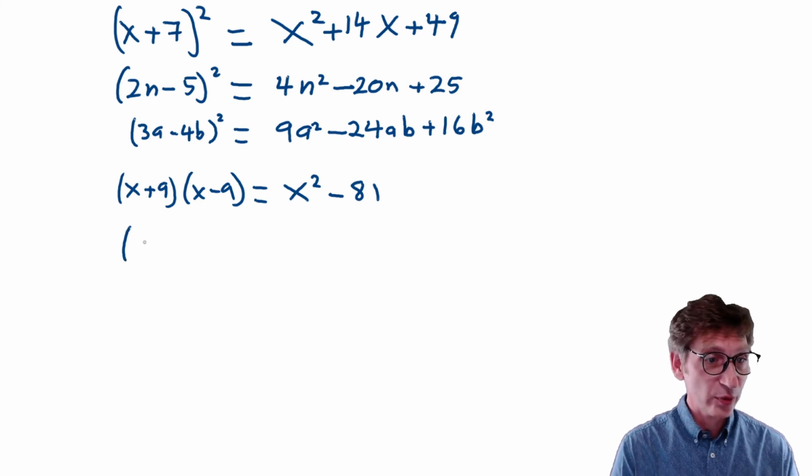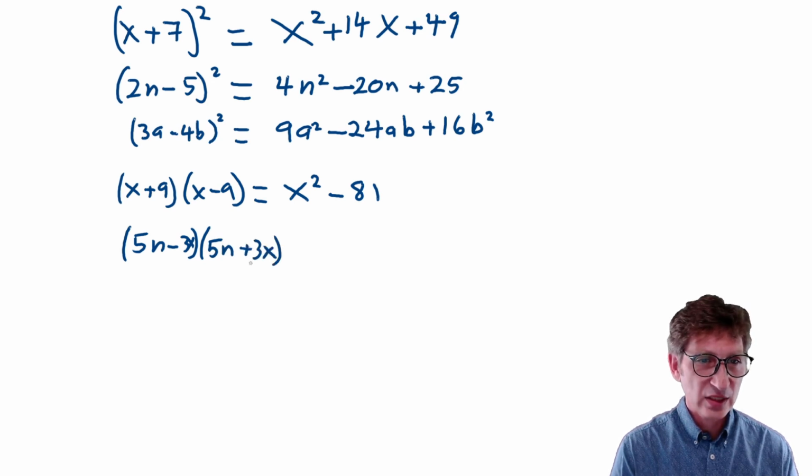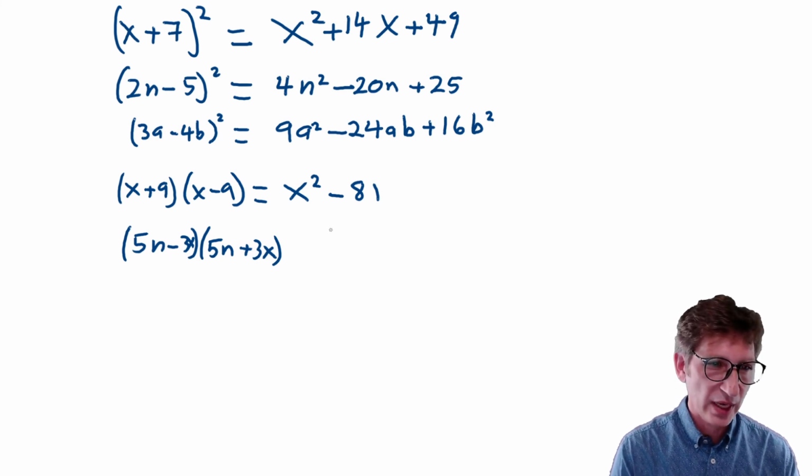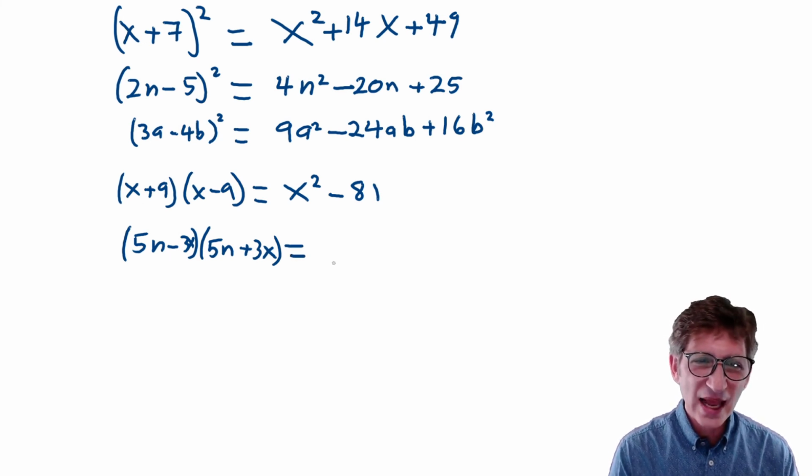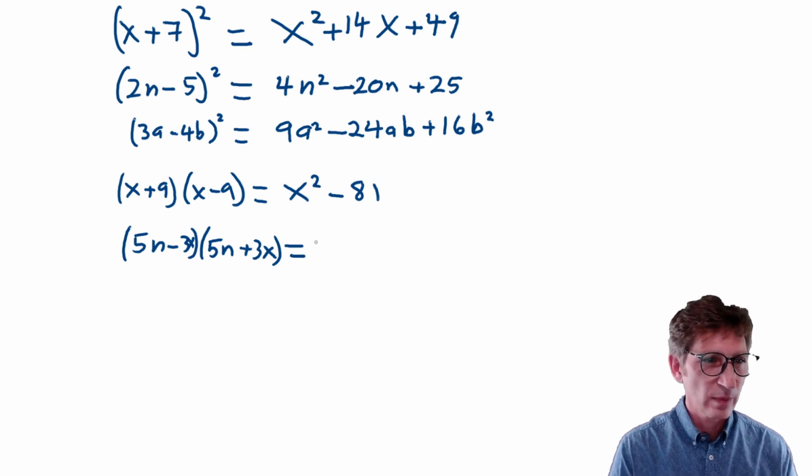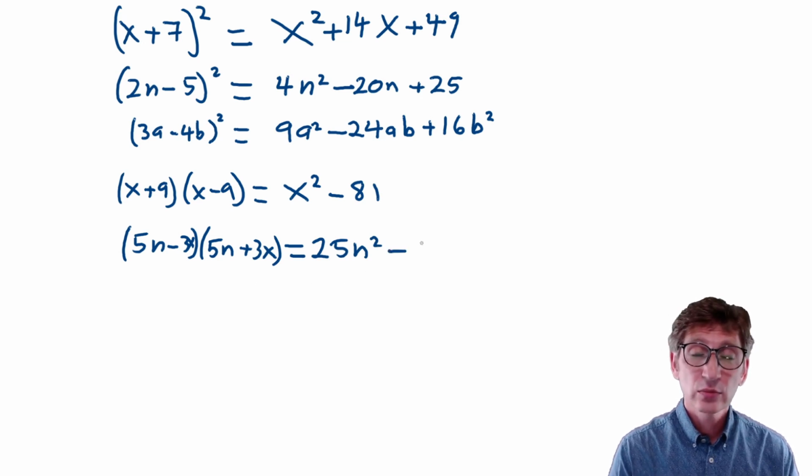Oh, what if there are multiple variables? 5n minus 3x times 5n plus 3x. If these two binomials look the same, with the only difference being one has a minus and one has a plus, it's the exact same pattern. Square the first term, 5n. Square that whole thing, 25n squared. Square the last term, 3x. That squares to 9x squared, so minus 9x squared.